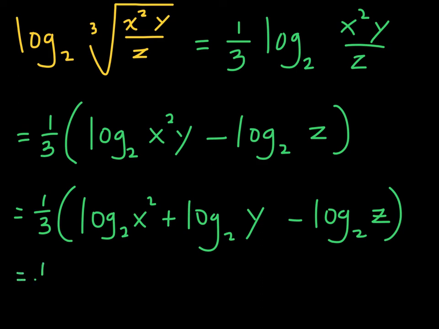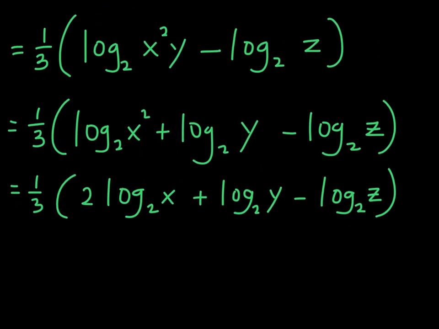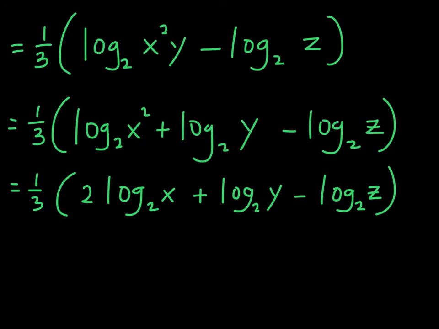So then this is just 1/3 times 2 times log base 2 of x plus log base 2 of y minus log base 2 of z. Now, we're practically done. The only thing I'm going to do last here is to distribute the 1/3. So I'm going to have 2/3, right?